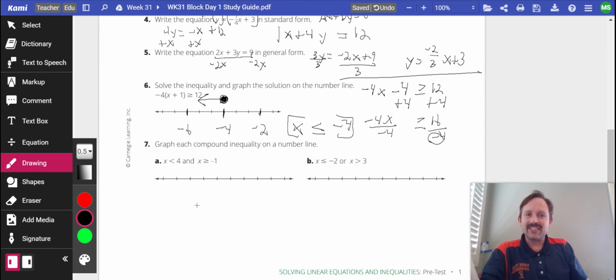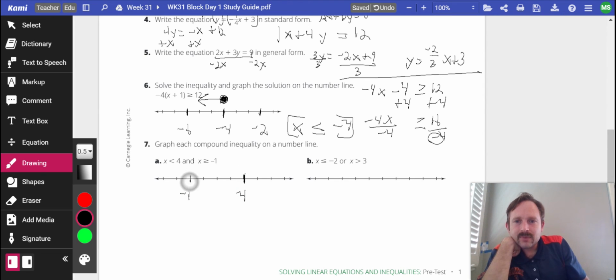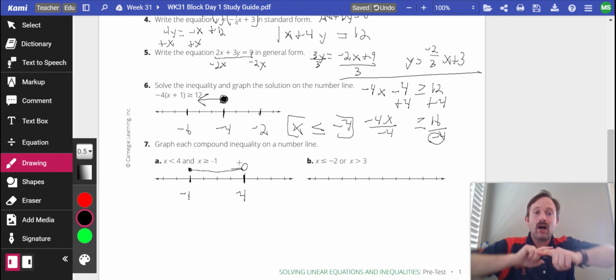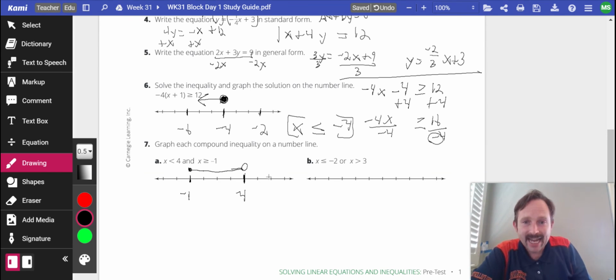Okay, so if it's and, it's where they overlap. So I'll go like this. 4, and I'll put negative 1. So I know x is smaller than 4, so it's going this way. I know x is bigger than or equal to -1, and it's going this way. So if it's an and, I don't care about it continuing, because technically, then it's going to continue this way.